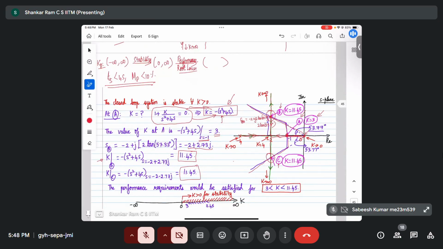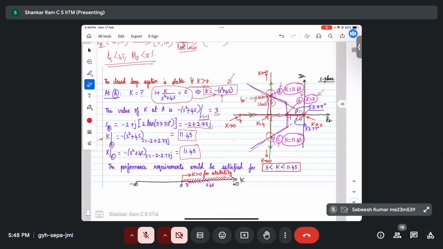So what can we interpret? The performance requirements as given for settling time and peak overshoot, as specified by this open trapezoid, are satisfied only when both branches of the root locus lie within this open trapezoid.